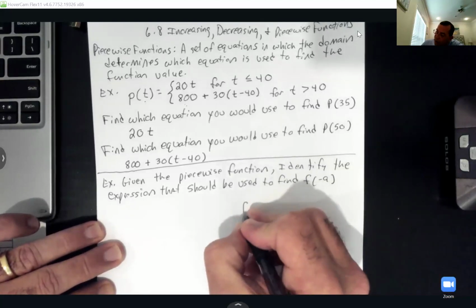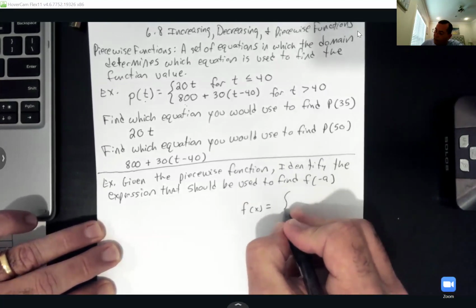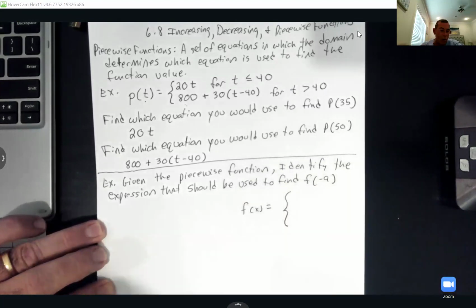Now my function is going to be f of x equals, and y'all, this has three equations.